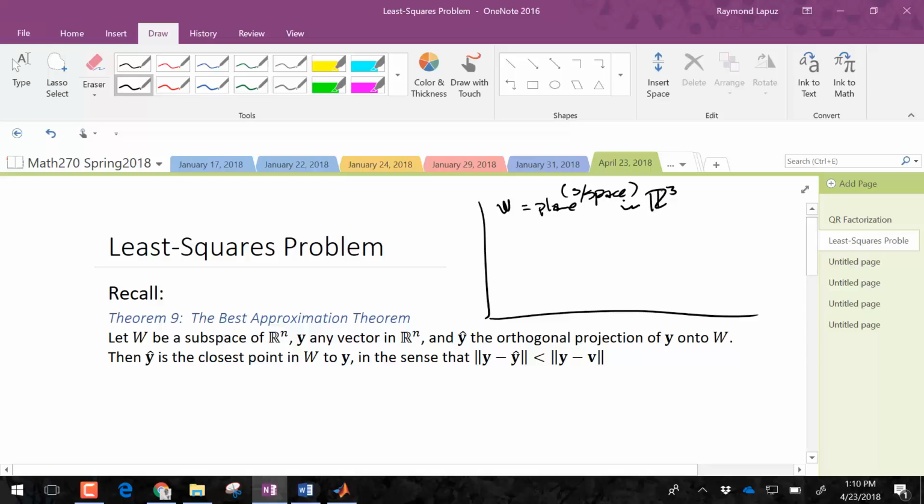So it's spanned by a couple of vectors in R3, and W is the plane spanned by these two vectors. And then we have a vector y in R3.